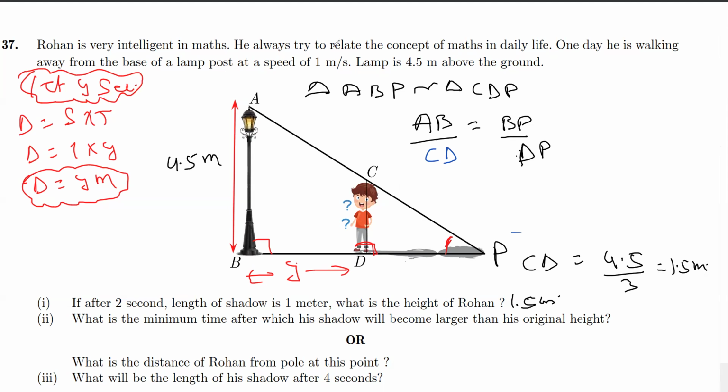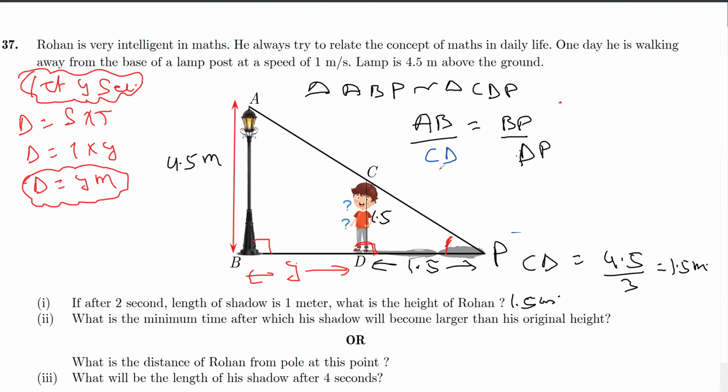And let's first consider when it will be equal, and then only we can see when it will be bigger. So as of now, the height of Rohan is 1.5, and let's say after y seconds, the shadow is equal to the height of Rohan. So from here we can get some measurements.